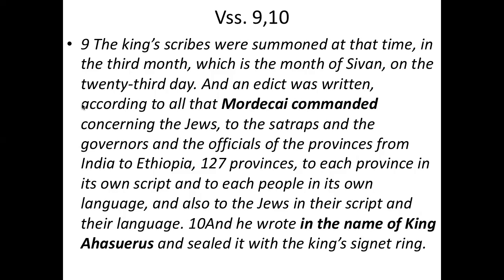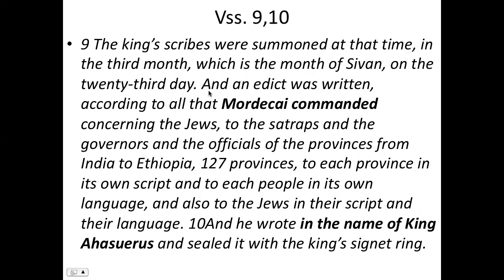So now you have another parallel, where first you had the Purim and they were cast and they came up to a certain day. Now it's recording the month and the day that they're meeting here. There's no Purim being tossed here.